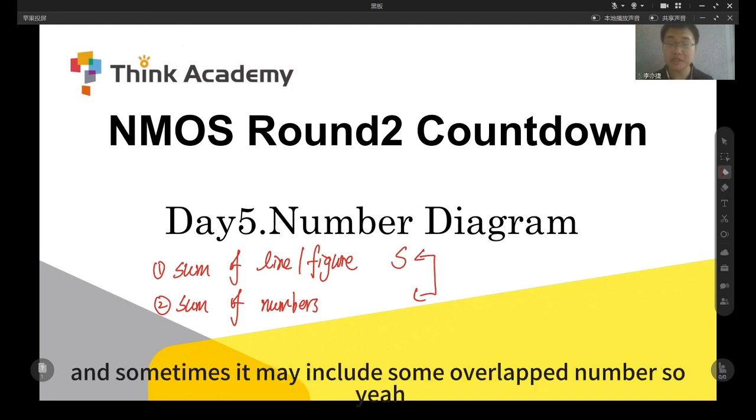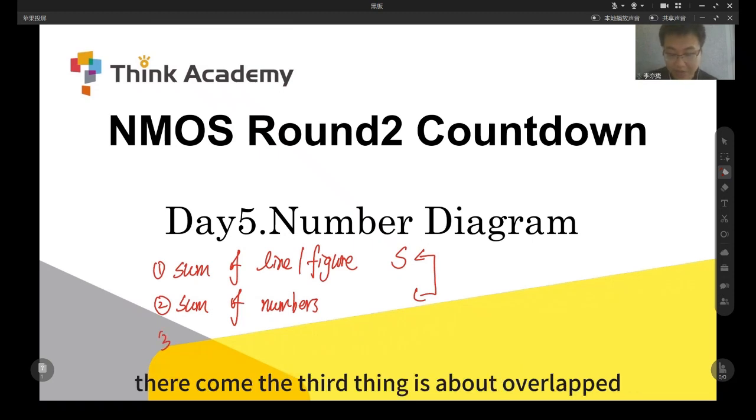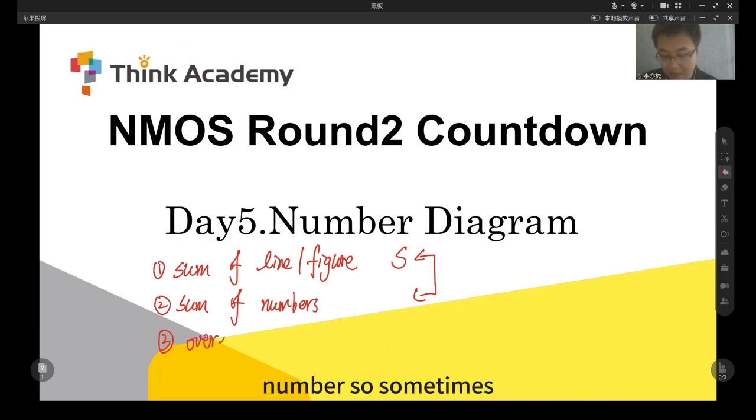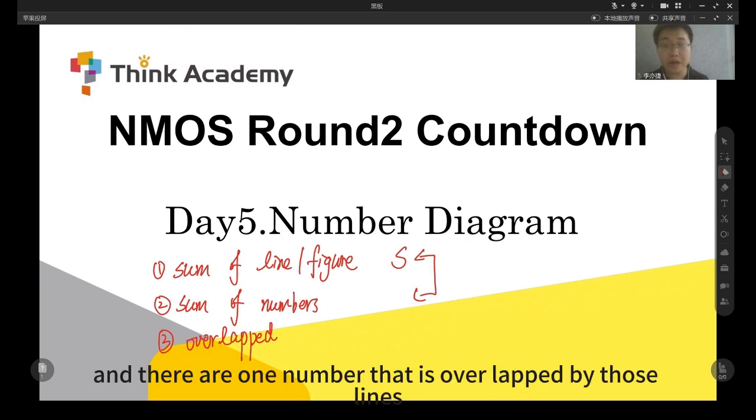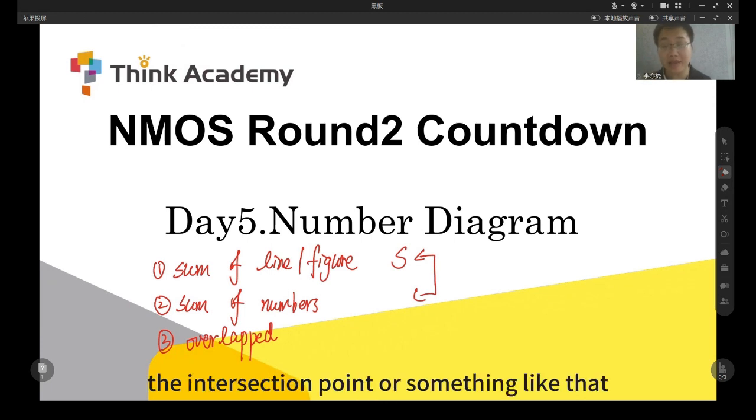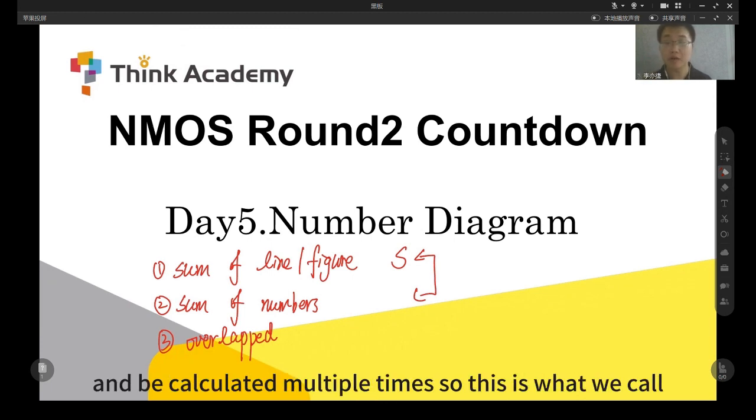And sometimes it may include some overlapped number. So there comes the third thing, the overlapped number. Sometimes we add the sum of some 3 or 4 multiple lines together, and there is one number that is overlapped by those lines, the intersection point or something like that, and it is calculated multiple times.